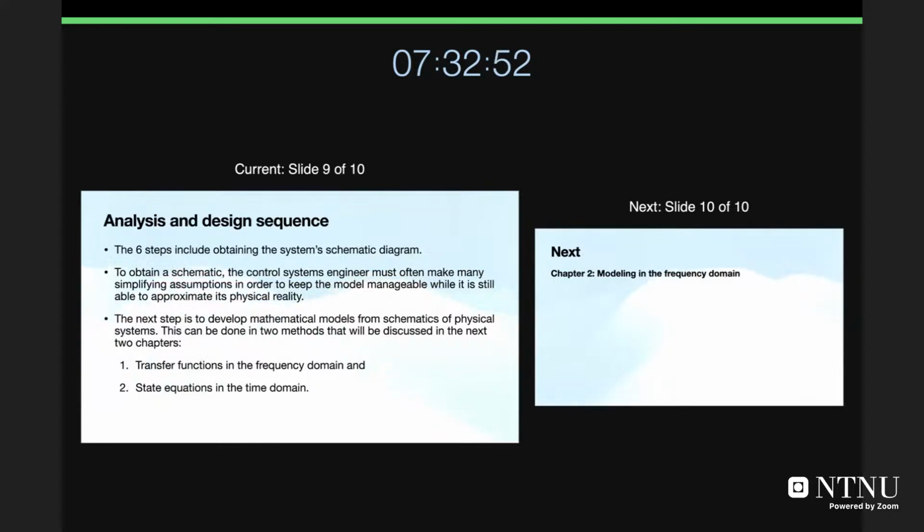Maybe your system is 5th order or a very, very complex system. In this case, we can simplify and make some assumptions, and assume that a second order system will be enough to represent my system, and it will be okay. So it will approximate the system behavior, and then when you design a controller, you will be able to achieve your design requirements to some degree.